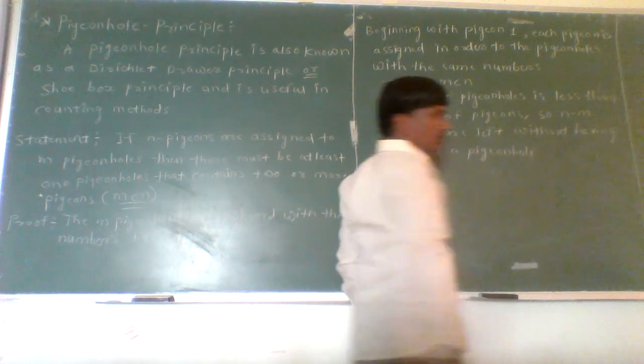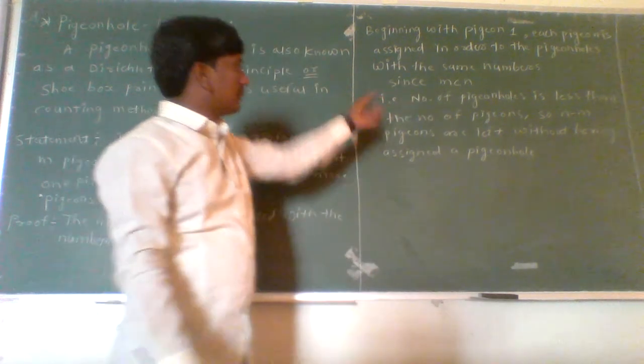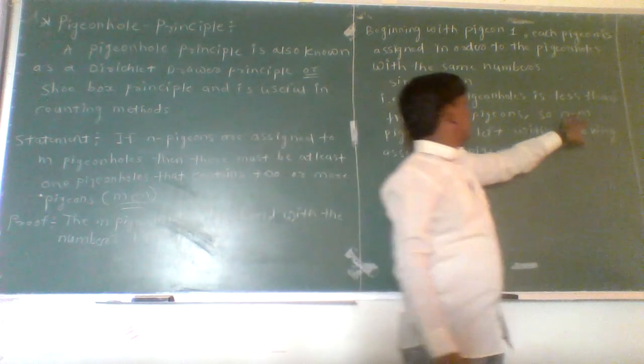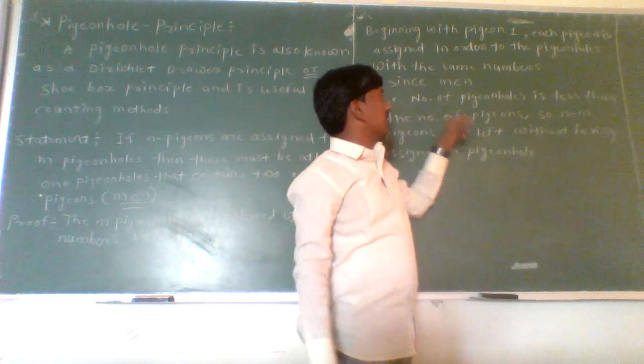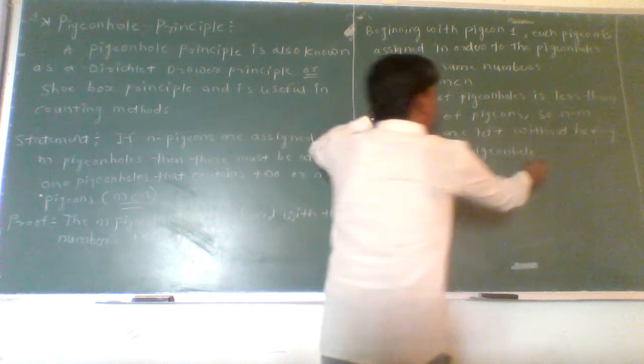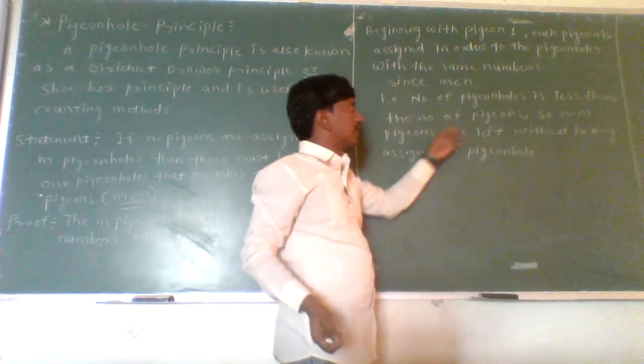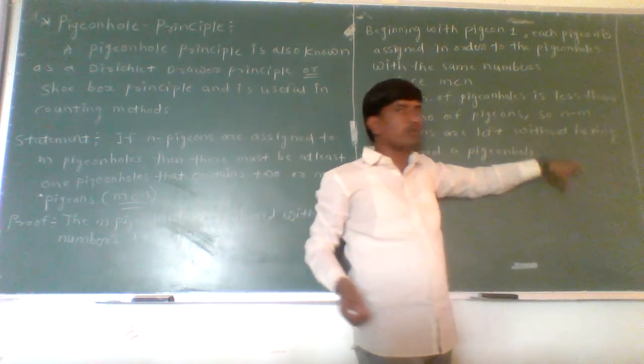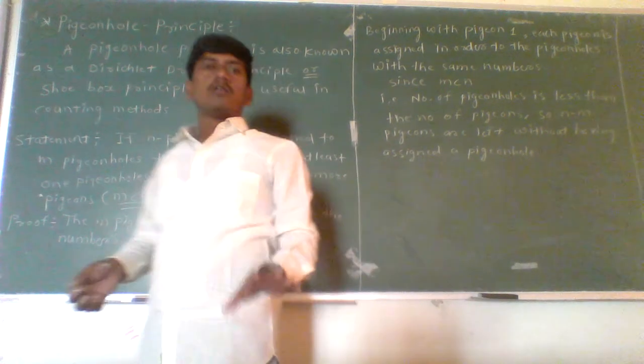Since each pigeonhole contains one pigeon, there are n minus m pigeons left over. Now we have to put the remaining n minus m pigeons into these m pigeonholes only.